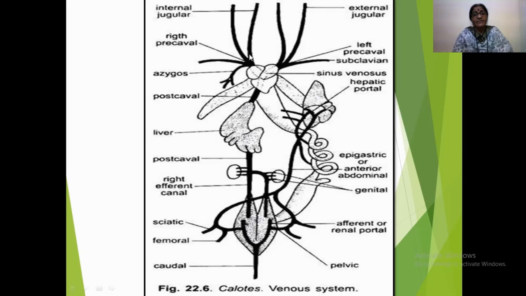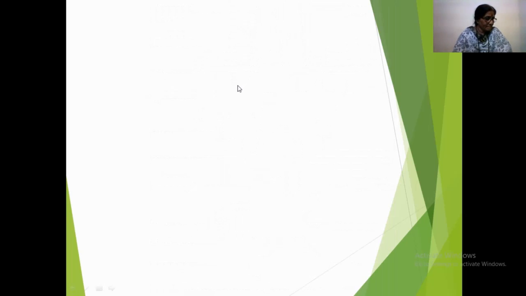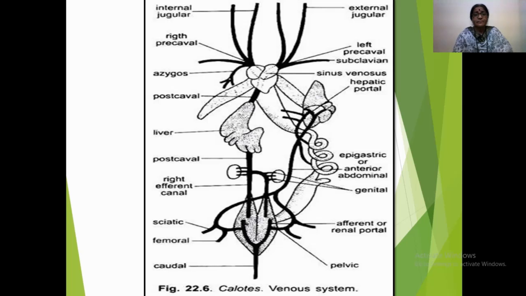The right precaval vein receives a special vein, that is azygos vein, which carries blood from the ventral thoracic wall of Calotes.